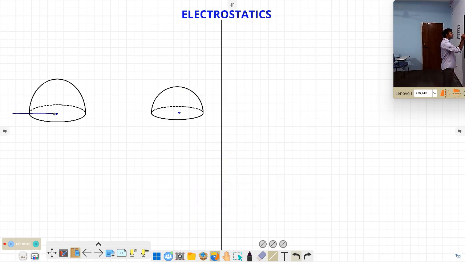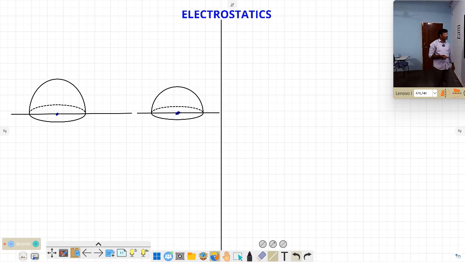This is the way the line is passing. This is the center of the spherical surface, and here also I can take a line. This is the center of the hemispherical surface.